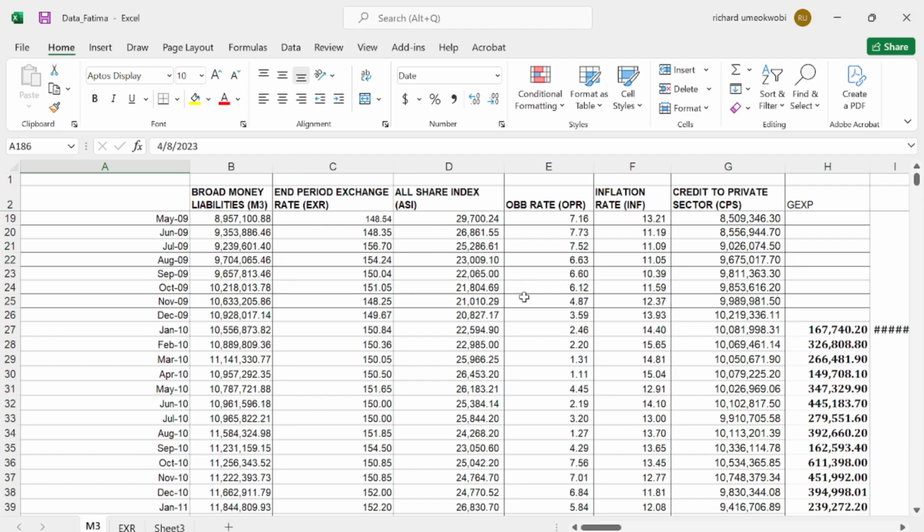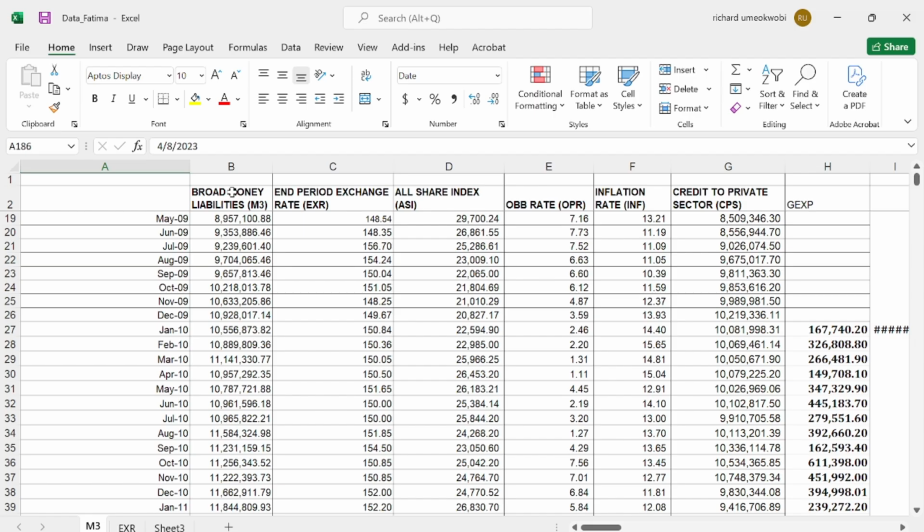So based on this, what is M3? M3 is money supply. M3 tells you the amount of money in circulation. In the Nigerian monetary aggregate, we have M1, M2, and M3. M1 is the most liquid kind of monetary aggregate, easily transferable to cash.